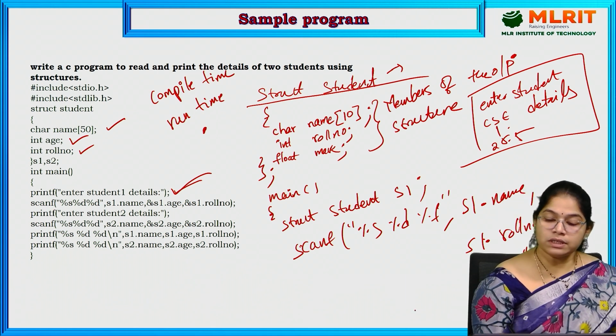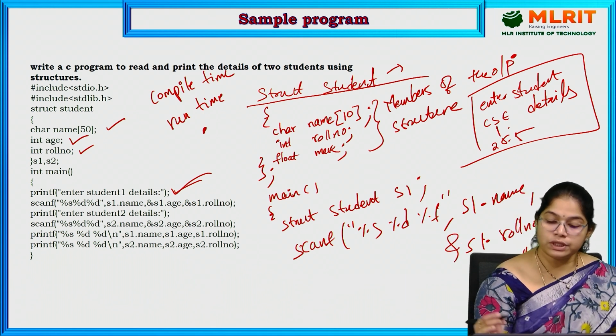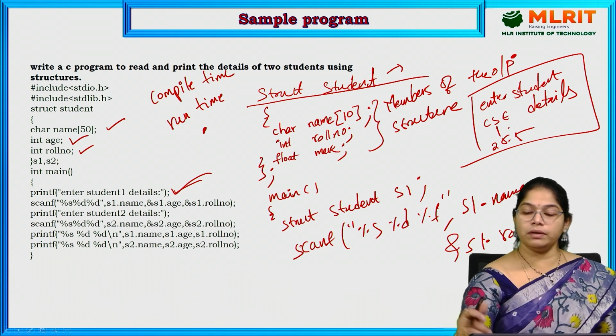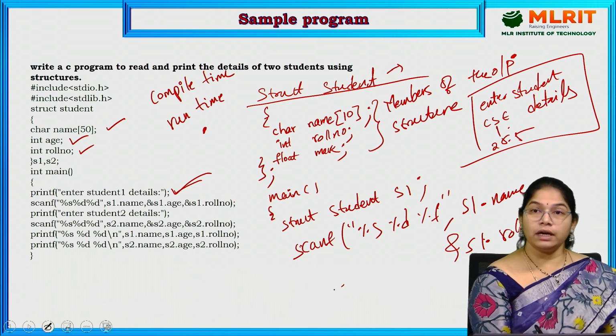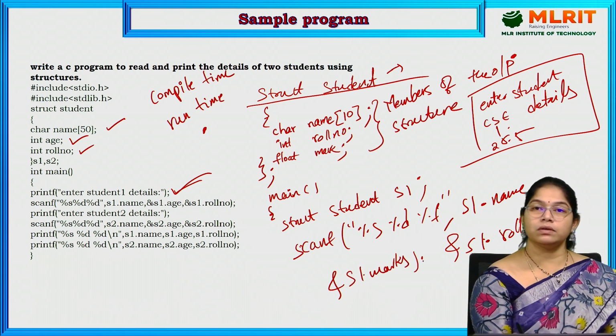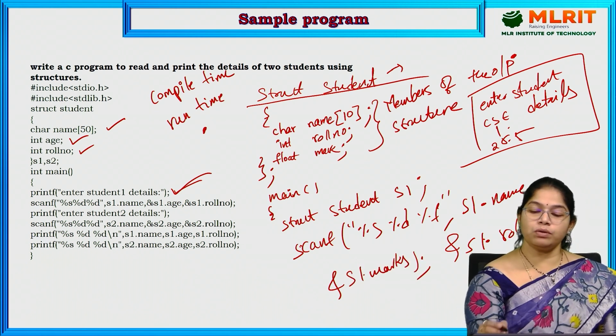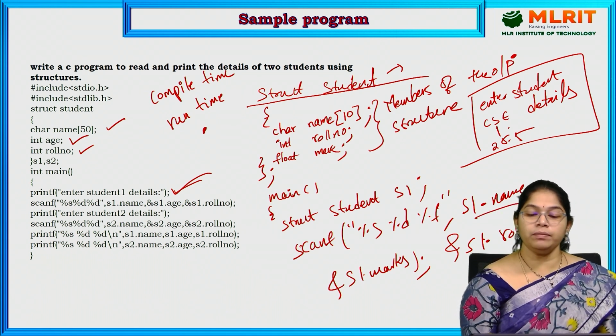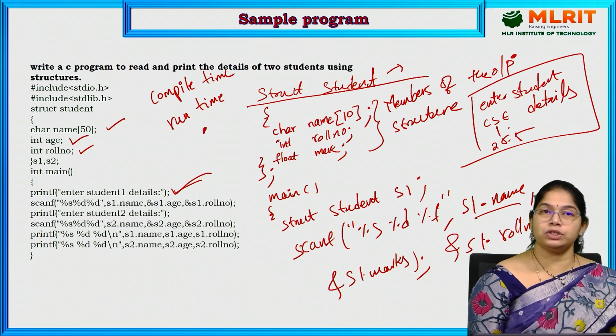Here, using the scanf function, we have to use the address operator for S1 dot roll number, then address of S1 dot marks. We should not use the address operator for the name because name is a character array, and the base address is already stored in it.